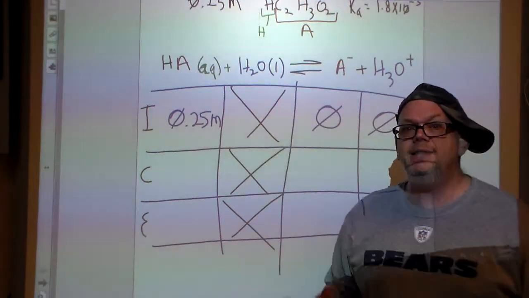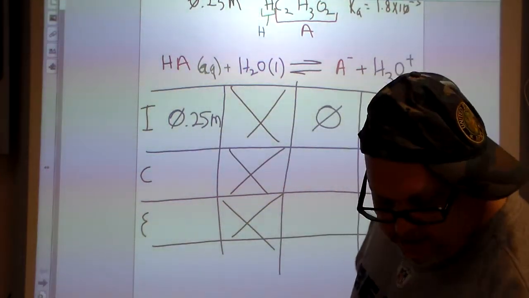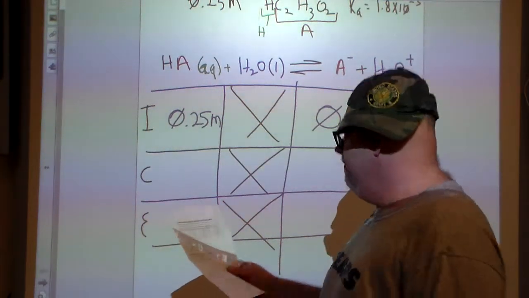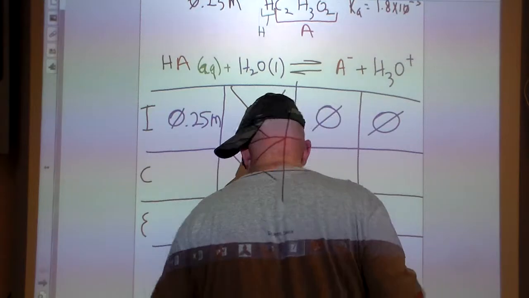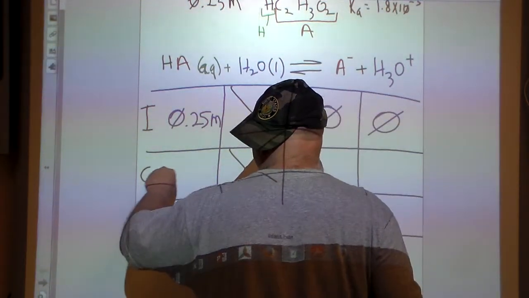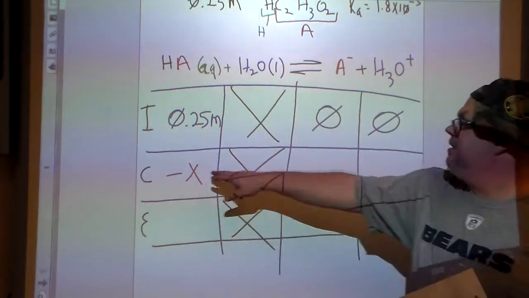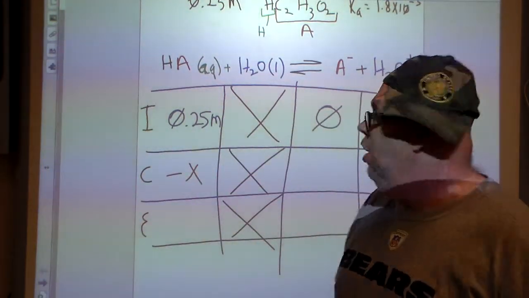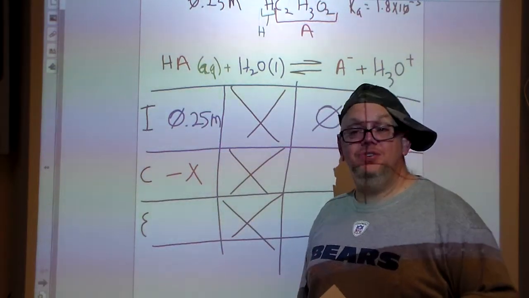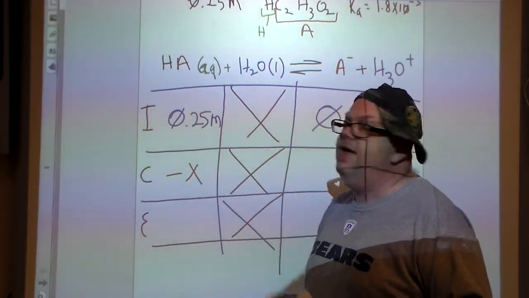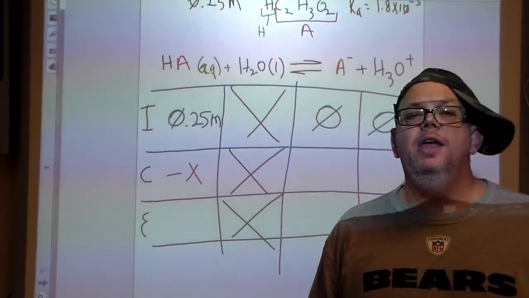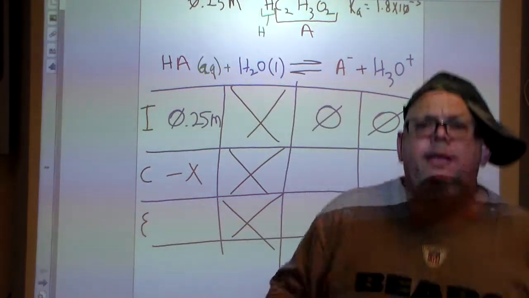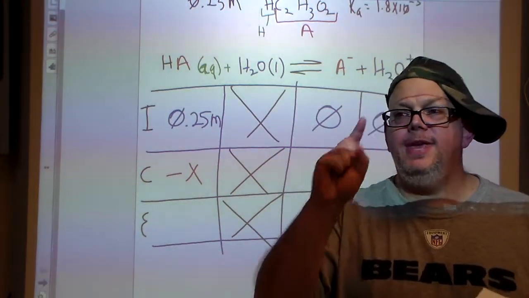Now, obviously there's got to be some kind of change going on here, because if there isn't, why are we doing this? So we know there's got to be a minus x. Why minus x? One, I don't know what the change is, because what we're trying to find is our equilibrium concentration. And the other thing is it's negative because it's breaking down, decreasing.